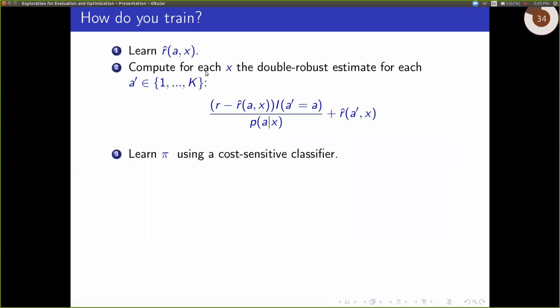Okay, so this is like a fully supervised version of the same problem as in contextual bandits, because you have the cost for each action rather than just the cost for only one explored action. And then you can map the contextual bandit data into the cost-sensitive multiclass classification data using this kind of mapping here. So you start with an x, r, and p, and then for action a prime, you're going to say that the reward is the double robust estimate. And then you negate that to get the cost.